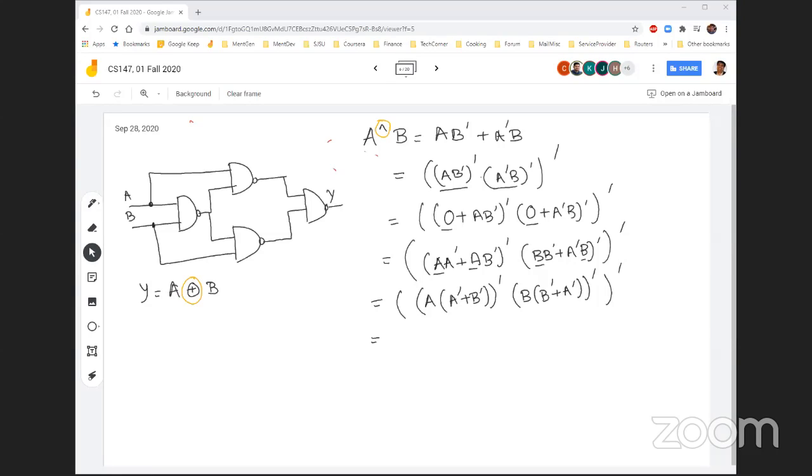Let's hold on. Oh, De Morgan, use De Morgan on this. So this is like writing A bar or (A bar, B bar)', and B bar or (A bar, B bar)', right? We used De Morgan over here too.